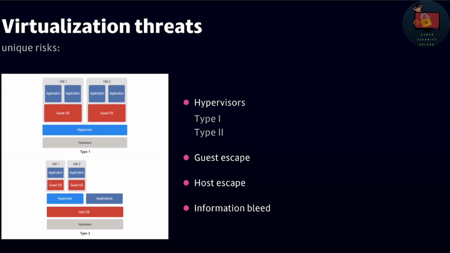Information bleed really is how an attacker may glean useful information based on malfunctions or failures on a virtual machine. When an application fails, it reveals a little information about what that application actually is. An attacker might be able to infer, based on the failures and malfunctions, what is actually running on a virtual machine without having access to it.